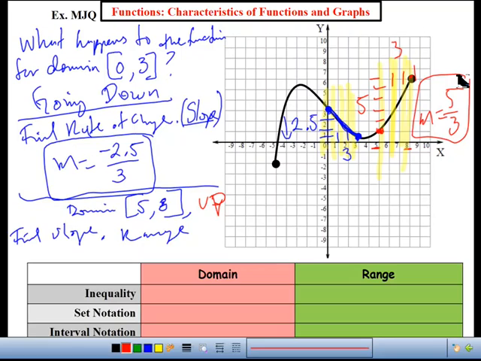Hands if you got that. Okay. What was the range? The range for that section. Who's got the range? Roman, what's our range from there to there?